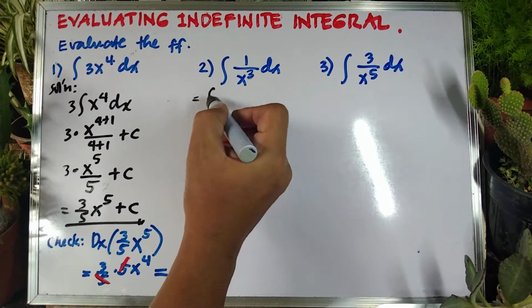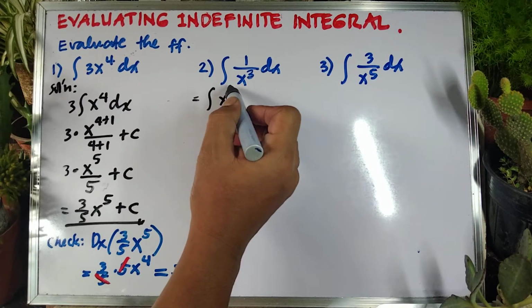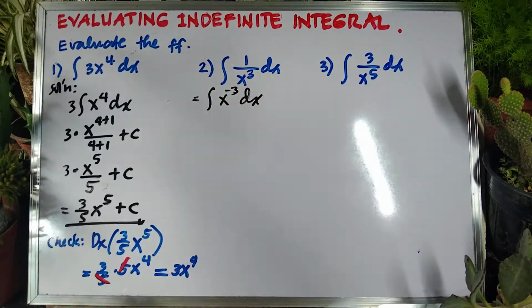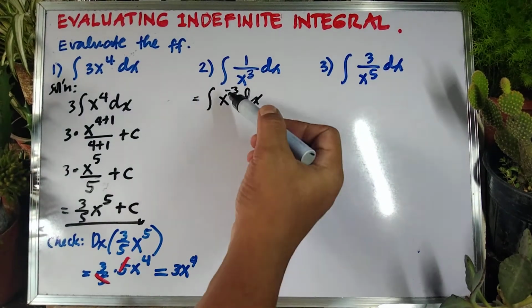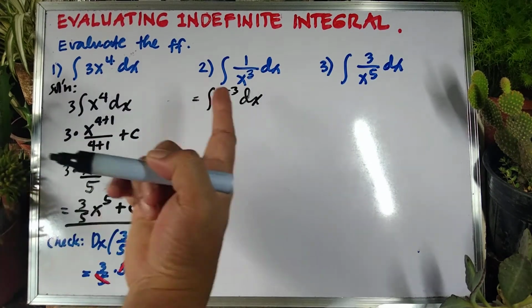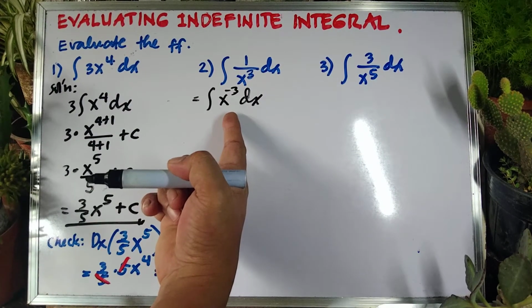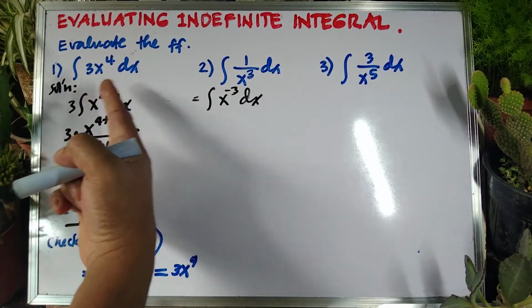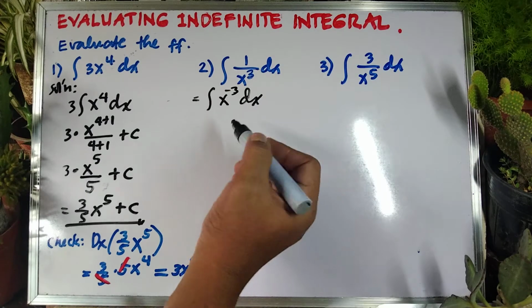The integral of x to the power of negative 3 dx. Equivalent lang sila dito. Now, from here, power rule. Kaibahan lang nila dito sa number 1 is positive yung exponent, dito negative. So, still, it's just the same.